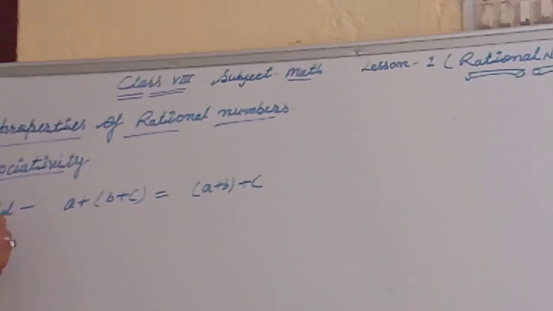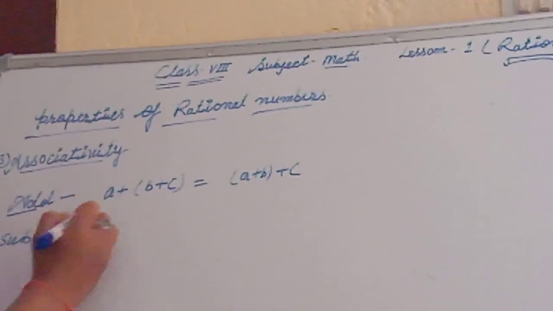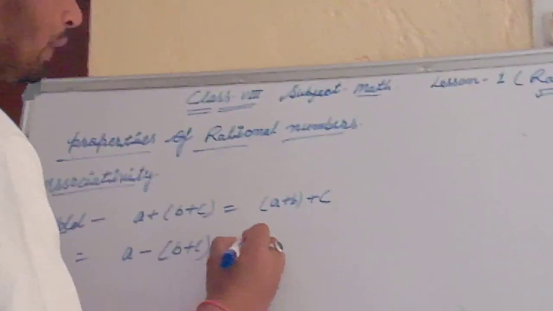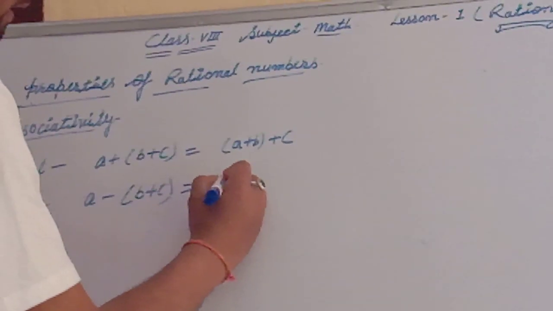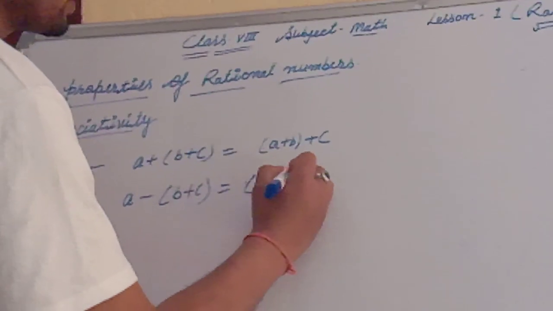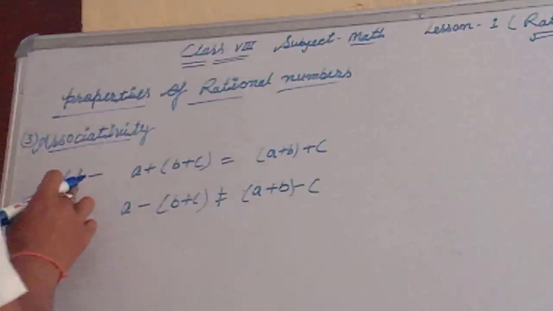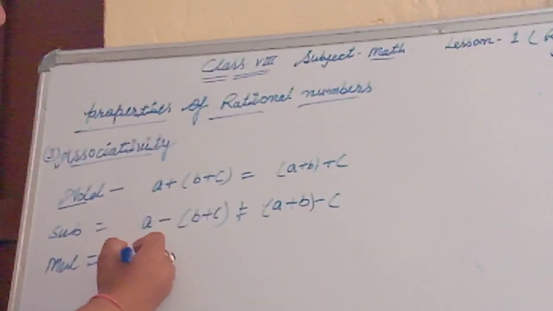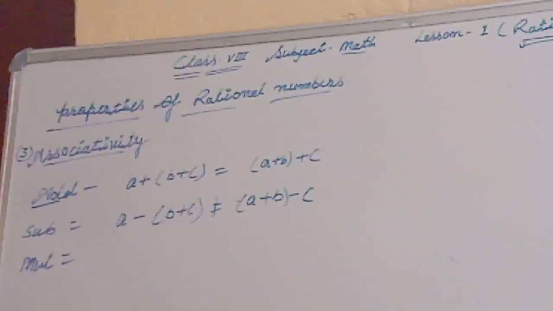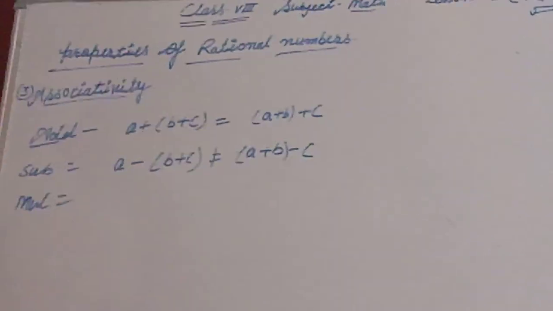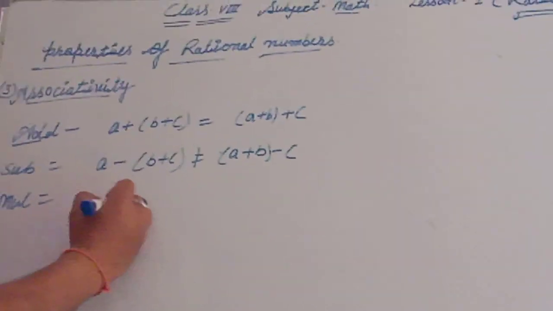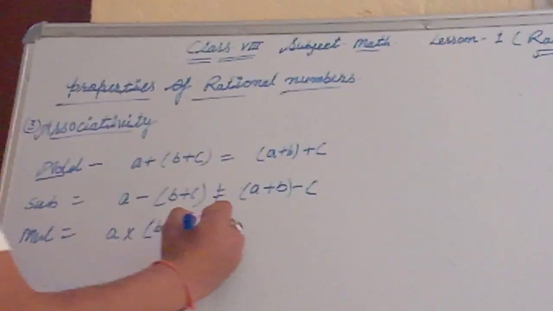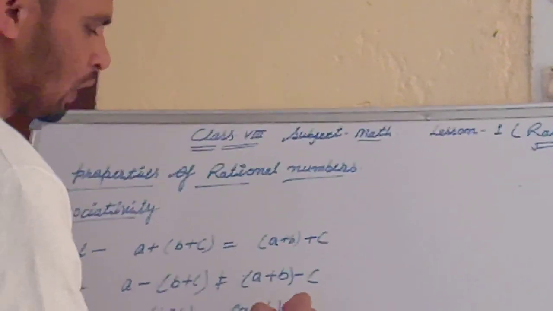Okay, and same here, subtraction is not followed. (a - b) + c is not equal to a + (b - c), so it is not followed. That means addition is followed, subtraction is not followed. Multiplication: (a × b) × c is equal to a × (b × c).